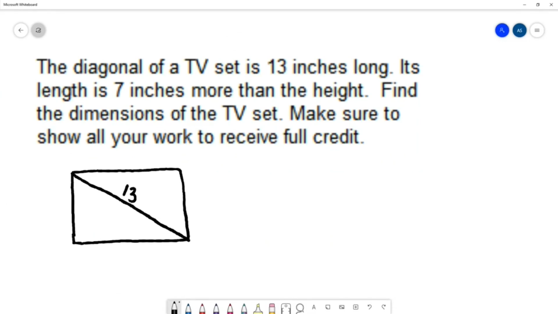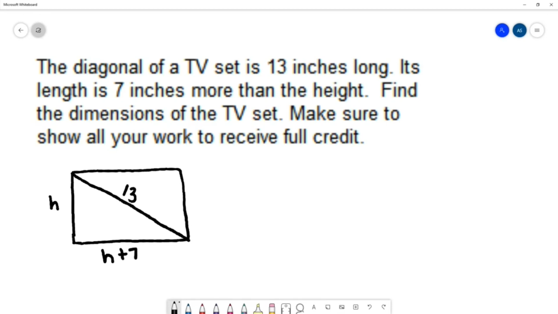Its length is 7 inches more than the height. So let's label the height as h, and the length is 7 inches more than the height. We want to find the dimensions of the TV set.